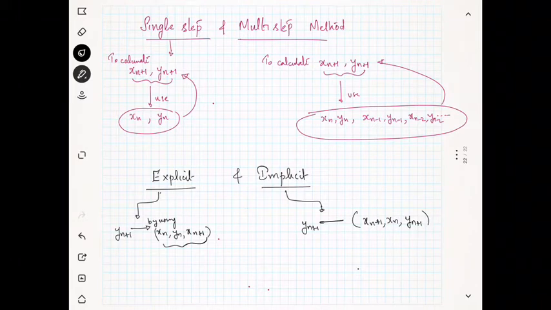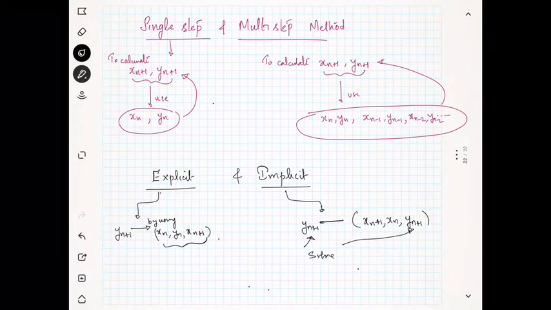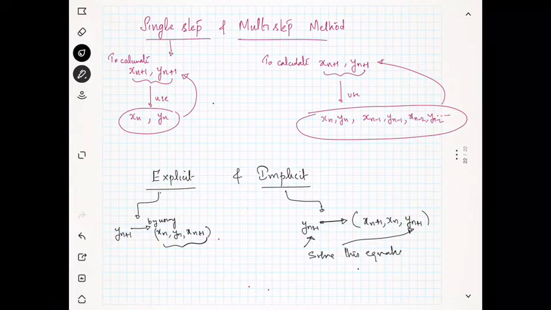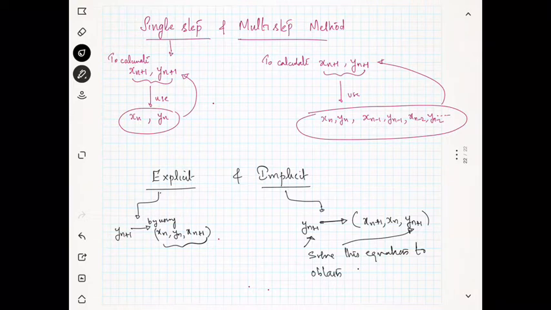After that, you can see there is yn plus 1 here and yn plus 1 here, right? Now you have to solve this equation, maybe writing it as an equation, to obtain yn plus 1. So this was the method.